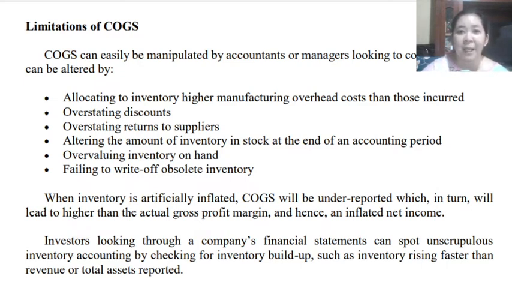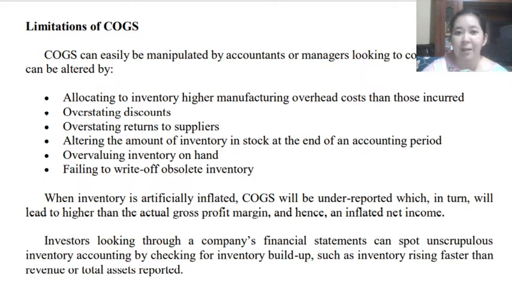So basically, when inventory is artificially inflated, meaning it was intentionally manipulated, cost of goods sold will be underreported, which in turn will lead to higher actual gross profit because in this case, they lowered their costs.